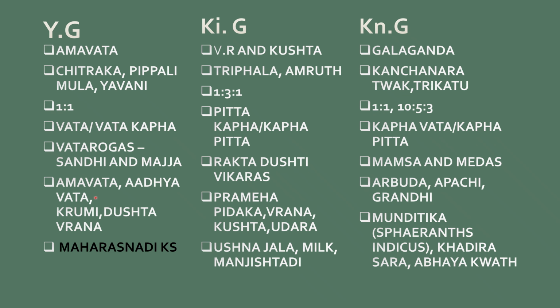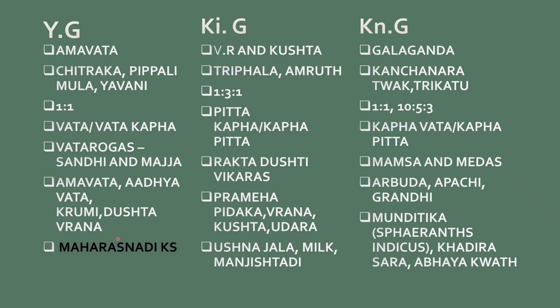Then for Yogaraja Gugulu, we can see the direct indications mentioned in the combination: Amavata, Adhyavata, Krimi, Dushtavrana. In Krimi it is indicated because many Ushnavirya drugs are there, and we know that Katu rasa is very important in treating Krimis.